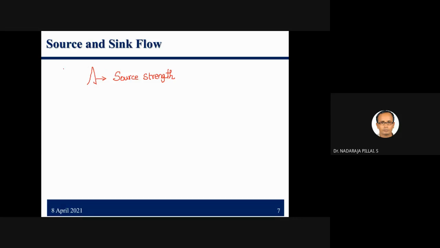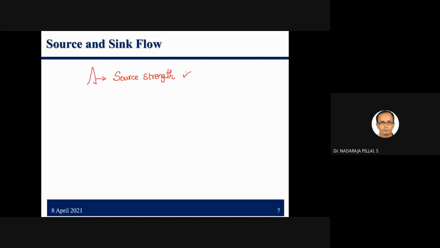What does it mean physically? The rate of volume flow from the source per unit length. That is what the source strength is.